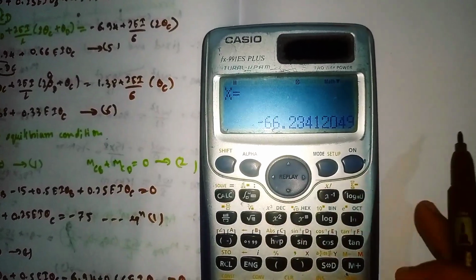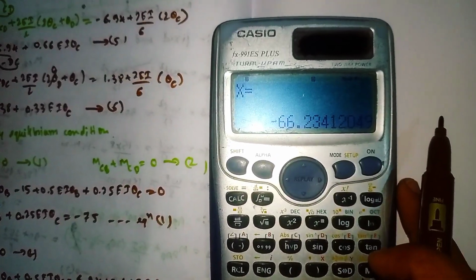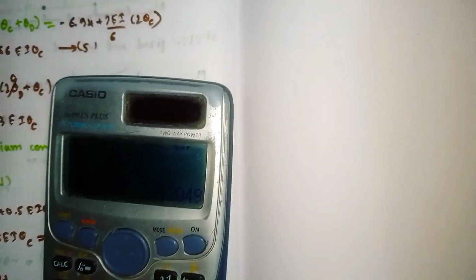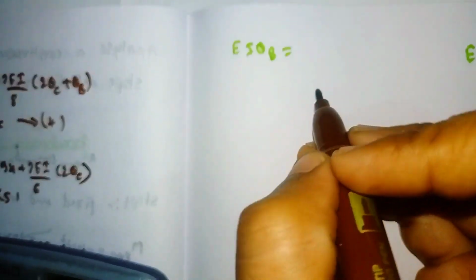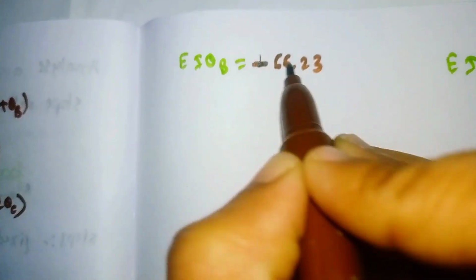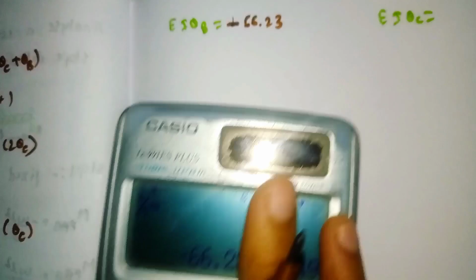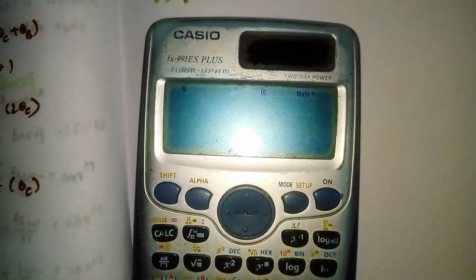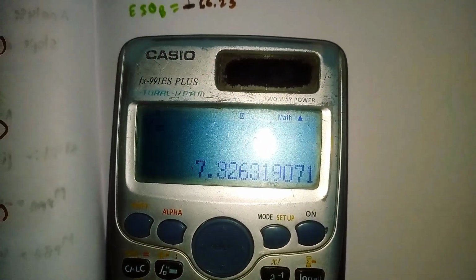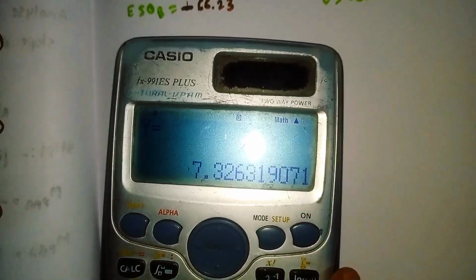Our x value is nothing but our EI theta B value. EI theta B we got was minus 66.23, and for EI theta C we solve one more time, and it comes out as 7.32.